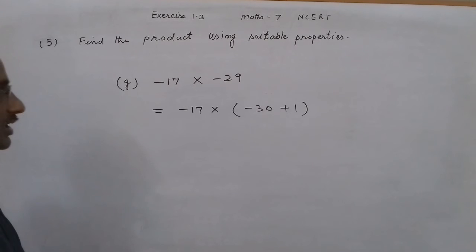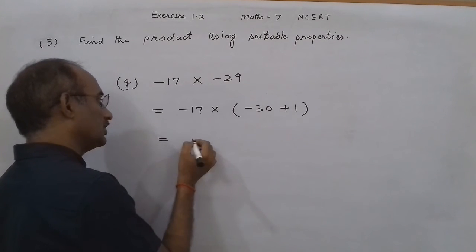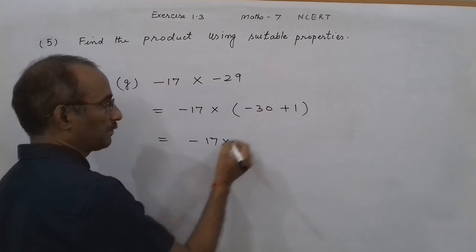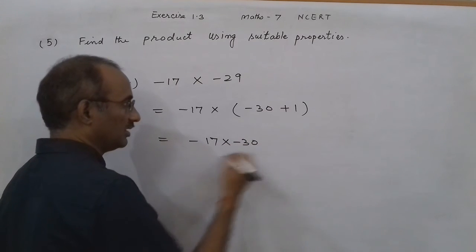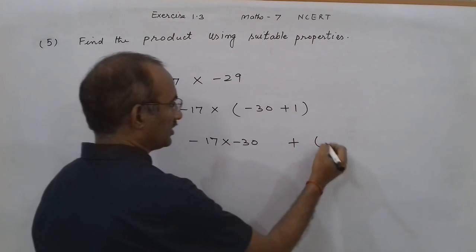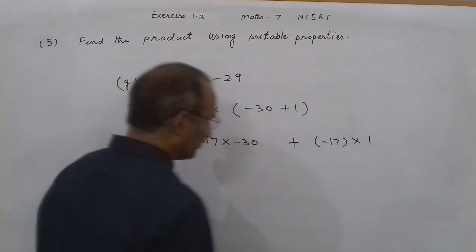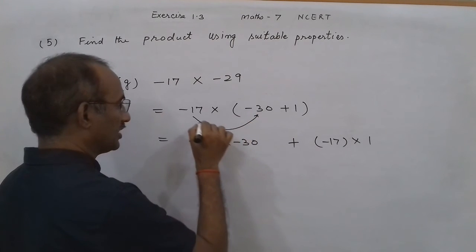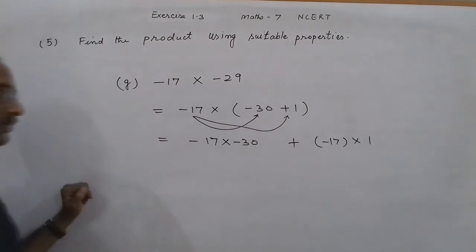Minus 29 can be written as minus 30 and plus 1. Now using the property of distributivity, we use minus 17 multiplied with minus 30 and plus minus 17 multiplied with 1.